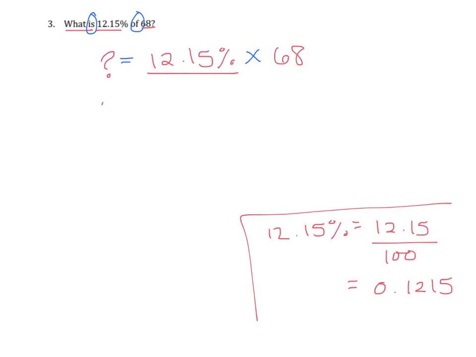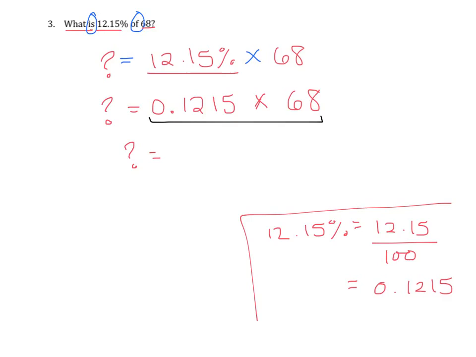So my new equation is the missing value equals 0.1215 times 68. Since my missing value is already by itself, I can just simply multiply these two numbers together. When I key this into my calculator, I get that my missing value is 8.262.